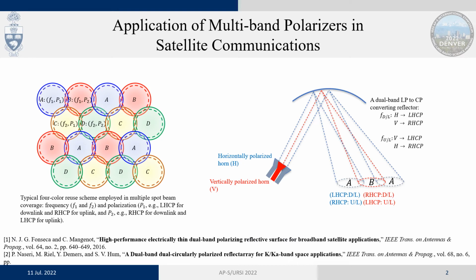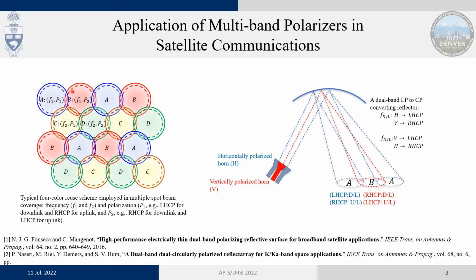On the application of these multi-band polarizers, let us look at the four-color reuse scheme that is used in multiple spot beam coverage in satellite communication. In this scheme, each color represents both downlink and uplink.